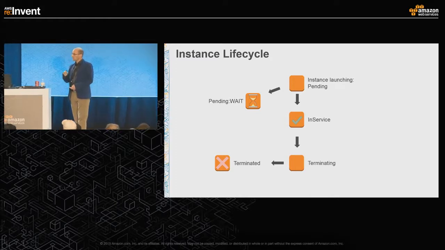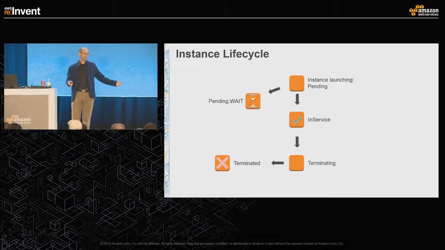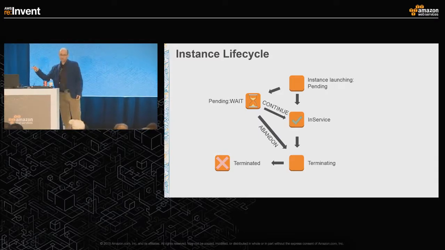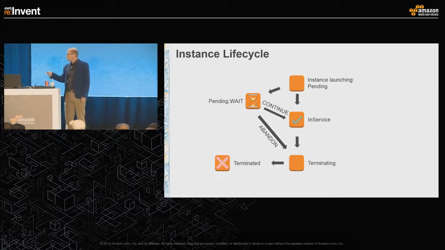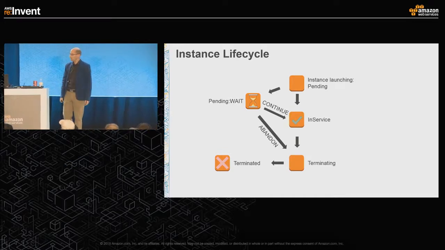But basically, you have a lot of time to actually do something to the instance, like install software, assign EIPs, or attach EBS volumes from a snapshot, for example, if you want to distribute files that way. And then once you feel that you're done, you tell autoscaling either to continue, then the instance will go in service, register with the ELB and so on, or you can tell it to abandon the lifecycle hook, and then it will go into terminating right away, if anything goes wrong.